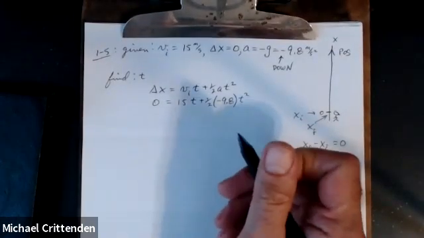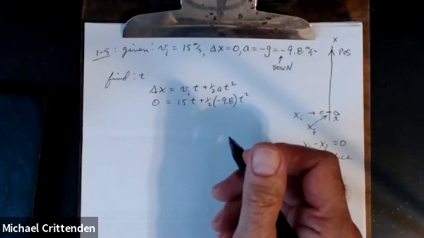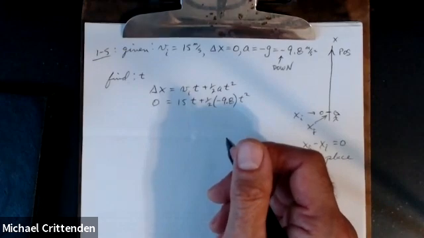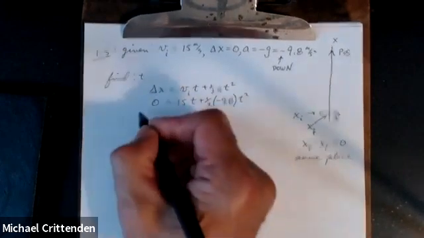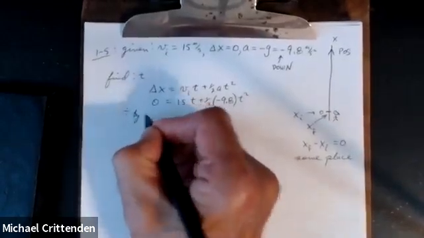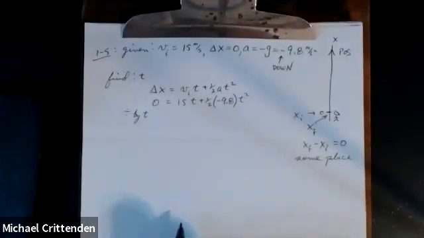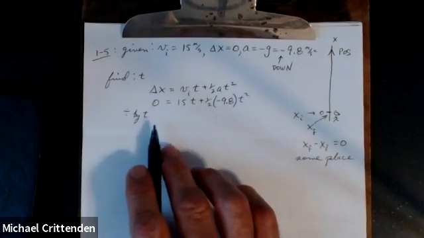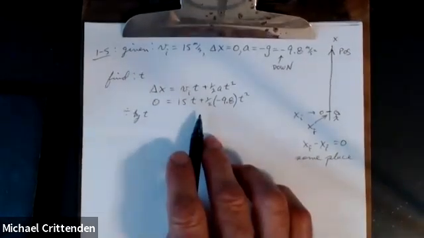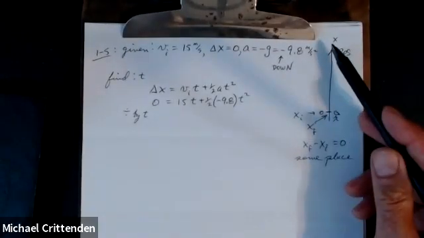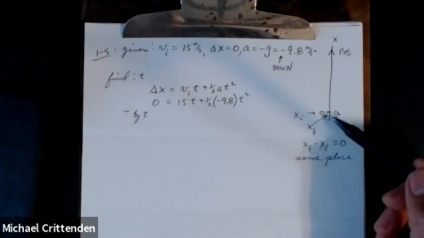Now, technically this is a quadratic, and you'd have to factor it or use the quadratic formula, but there's a shortcut. What if I divide by t? Of course, that's always tricky because it's extremely illegal to divide by 0, but if you think about it, t represents the time for this rock to go up and come back, and that's going to take some time. That's not going to be 0.